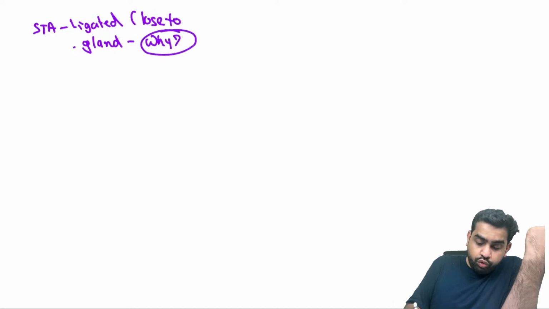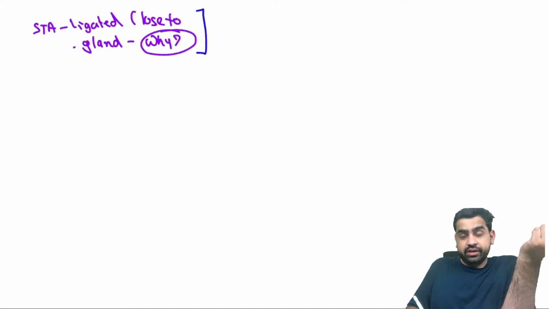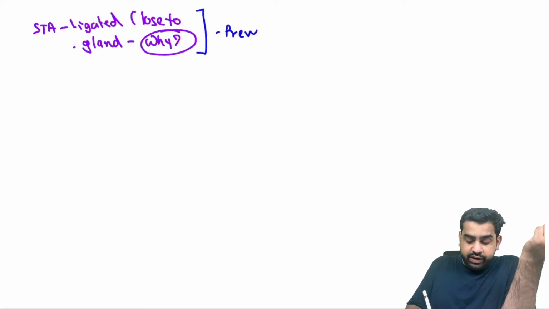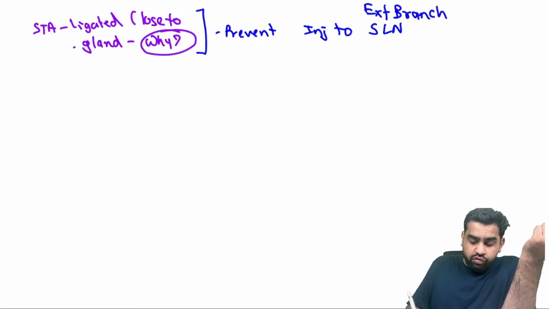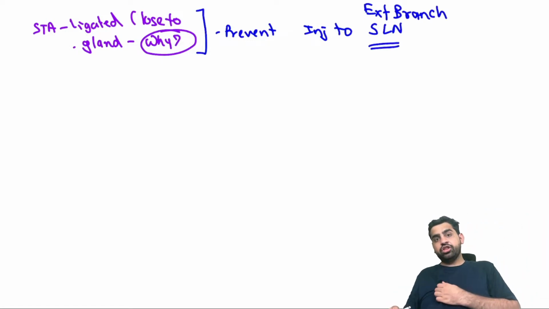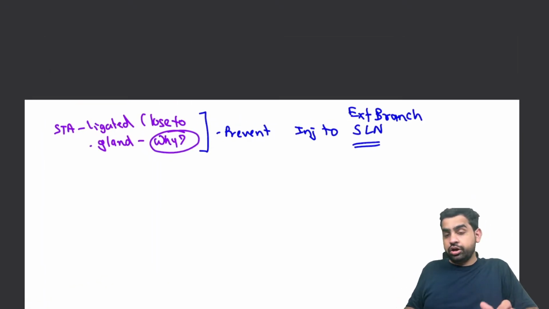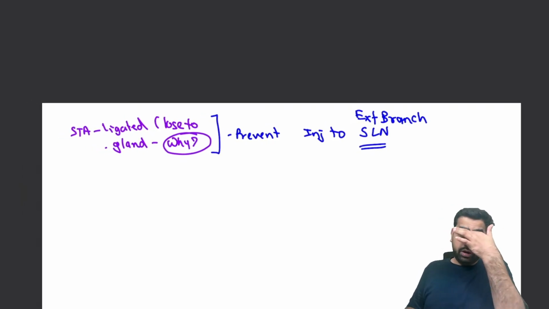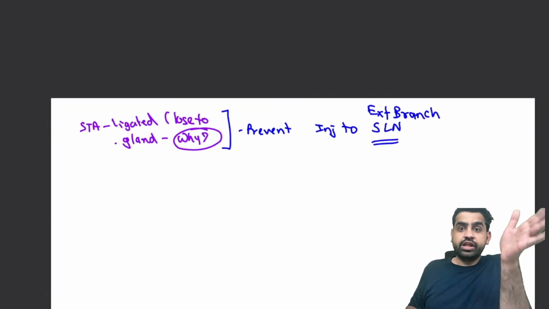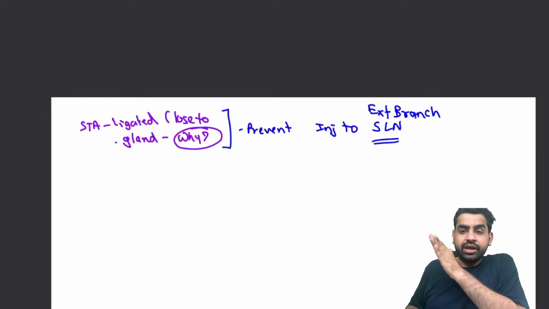Because you want to prevent injury to the superior laryngeal nerve, or rather the external branch of the superior laryngeal nerve. The superior laryngeal nerve has two branches, the external branch and the internal branch. And what do you want to prevent? You want to prevent injury to the external branch.